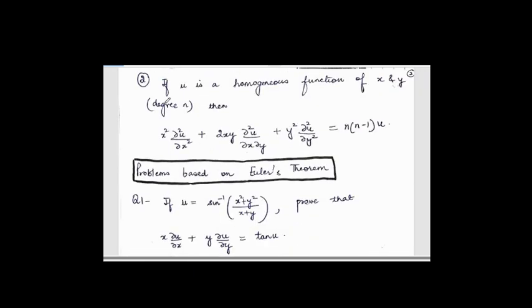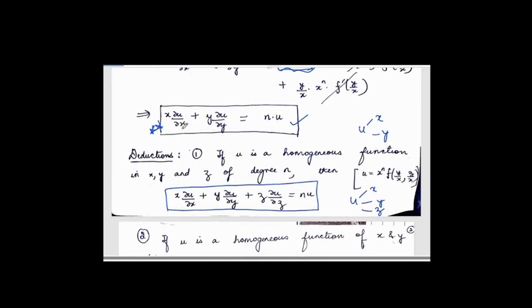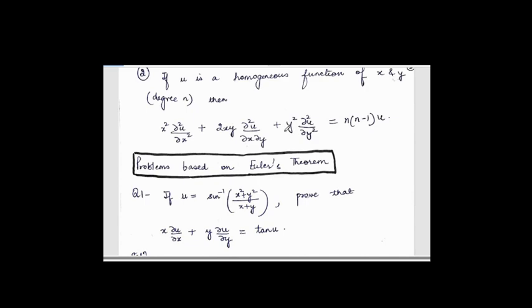Also, this has an extension to order 2. So this is an order 1 result, because you have differentiated u with respect to x and y partially only once. But if you differentiate twice, then this is the result that you get, which we have not proved here, but we'll be doing a sample question here to make you understand how this result comes.